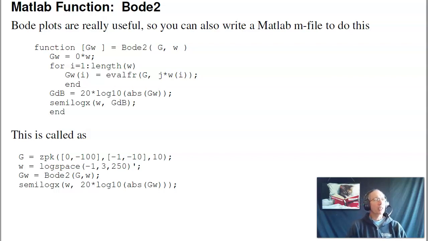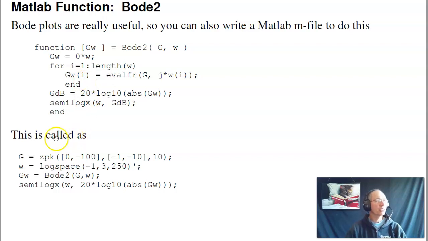Bode plots are kind of common, so we're going to write a function in MATLAB called Bode2. I'm going to pass G, the transfer function, and the frequency points, and it returns G of j omega. The way to do that is, first specify gw as the same dimensions as w, and then spin through the array. At each frequency, calculate G at that frequency, store it in gw.